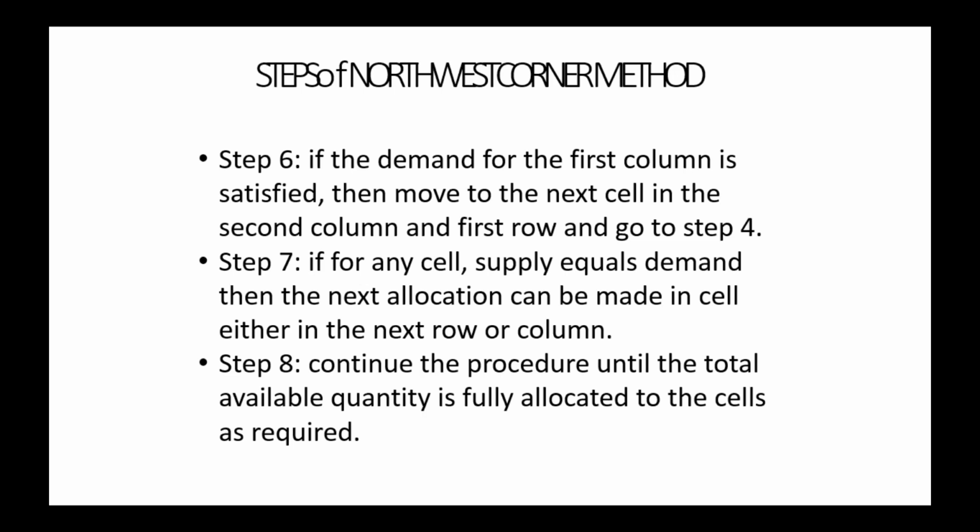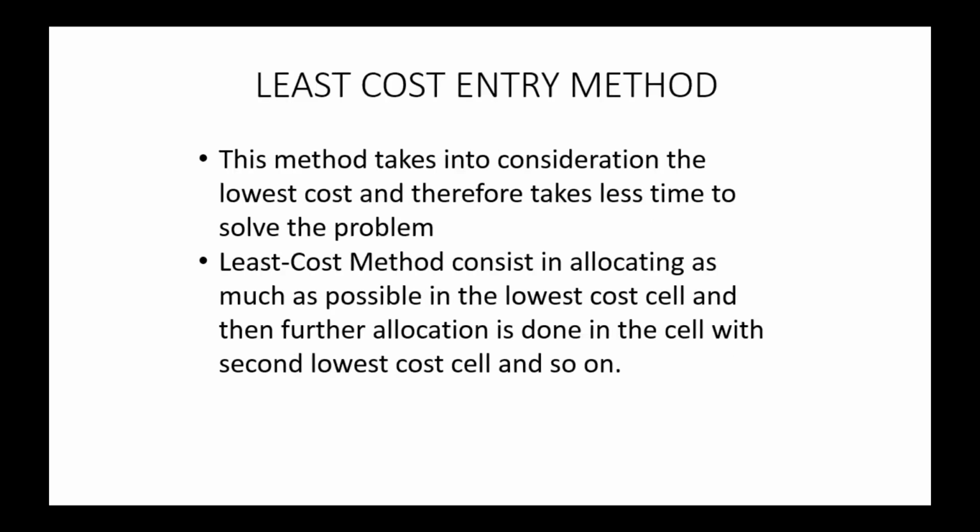So we have the least cost entry method. The least cost entry method takes into consideration the lowest cost and therefore takes less time to solve the problem. It consists of allocating as much as possible in the lowest cost cell, and then further allocation is done in the cell with the second lowest cost, and so on. Now, this also has steps.